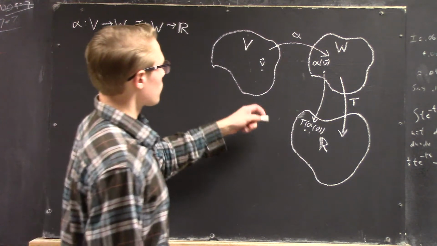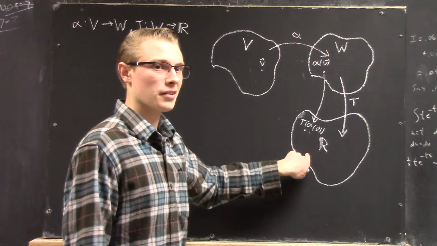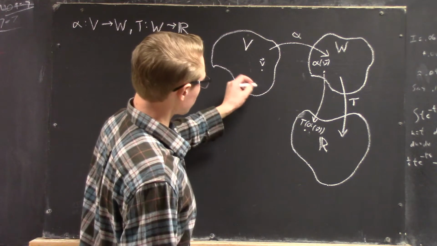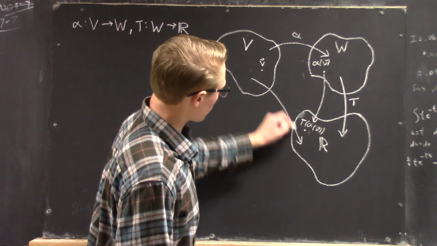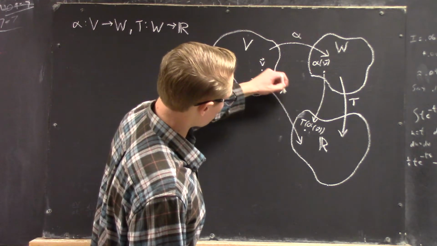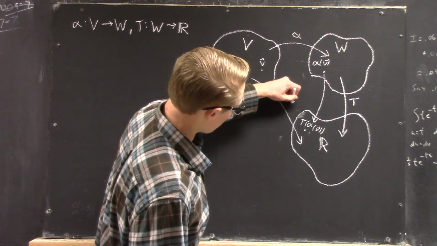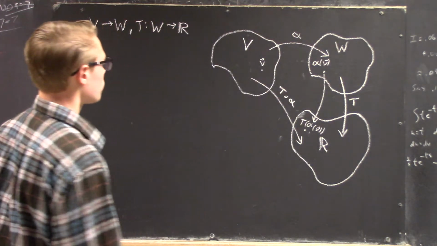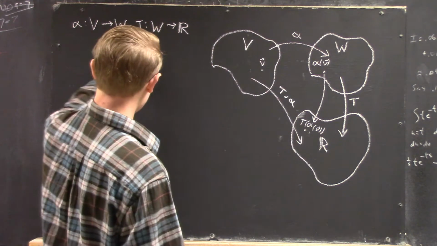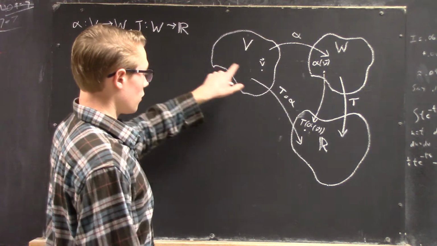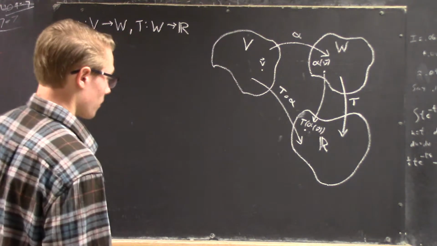However, suppose we wanted to go from here to here. Well, of course, that can be symbolized by the composition of the transformations T and alpha. Well, this is a particular case for one particular linear transformation.